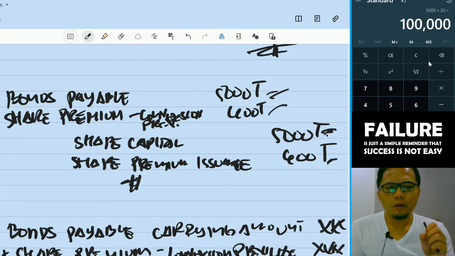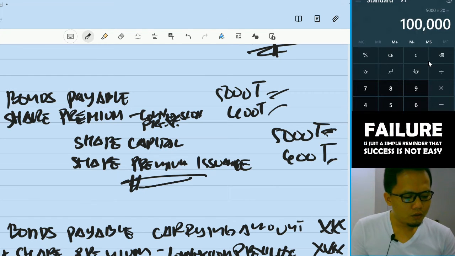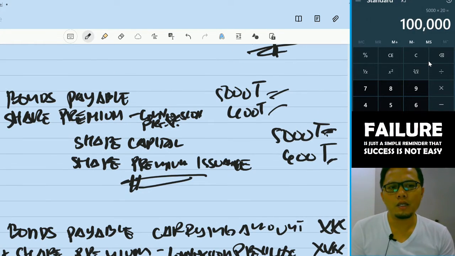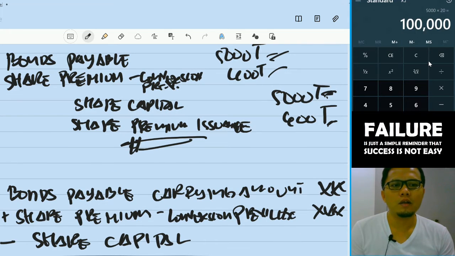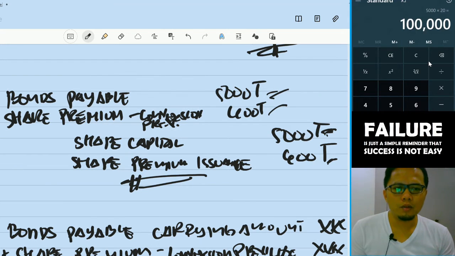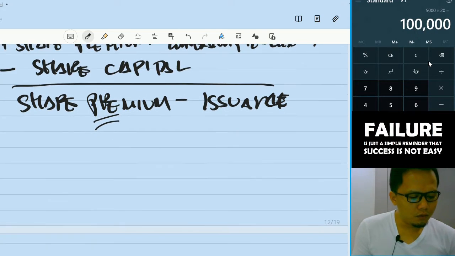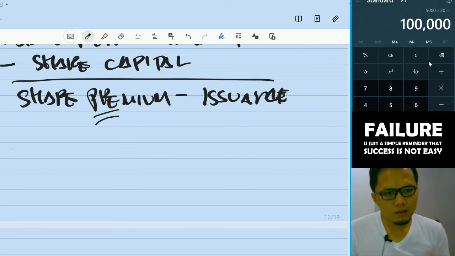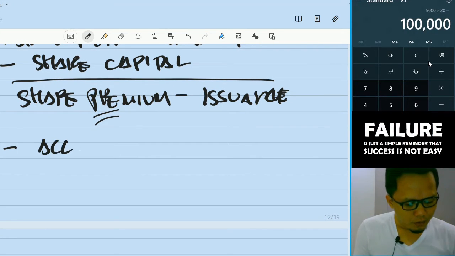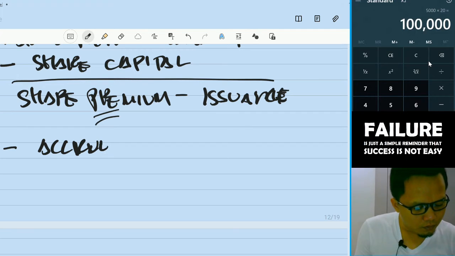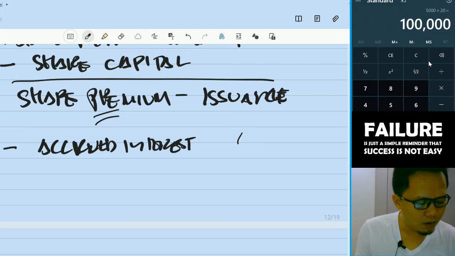Rather, we will charge it to share premium issuance. So, how will we do it? Let's say, example lang, there is an accrued interest on January 1, okay?